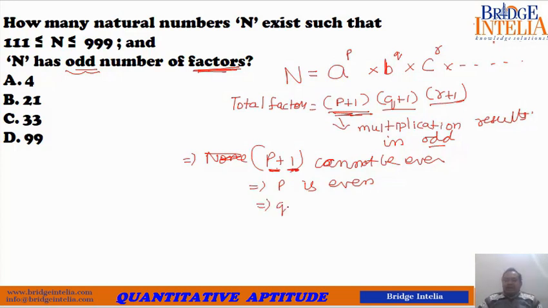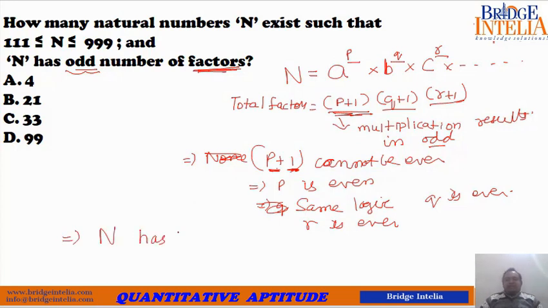Similarly, applying the same logic, Q is even, R is even. So from here you can conclude N has to be a perfect square, because all these powers have to be even.